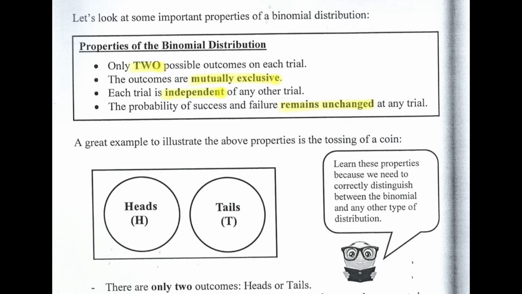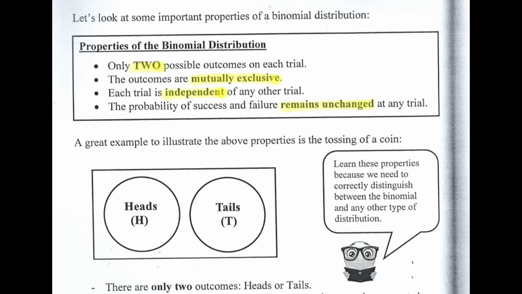If we don't replace what we take, then it affects the probabilities of the next withdrawal. For example, if we took a white out, then the probability of getting a white on the next withdrawal is slightly less because there are now fewer whites in the bag. If that was the case, then this could not be a binomial distribution. In a binomial distribution, the probabilities remain unchanged at any trial.